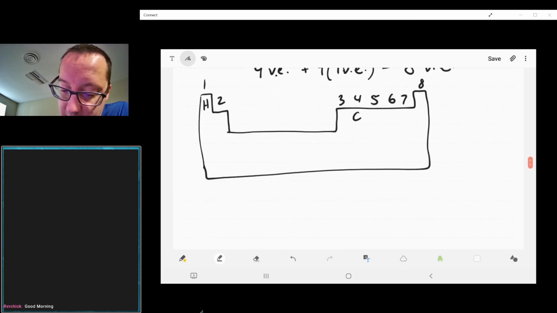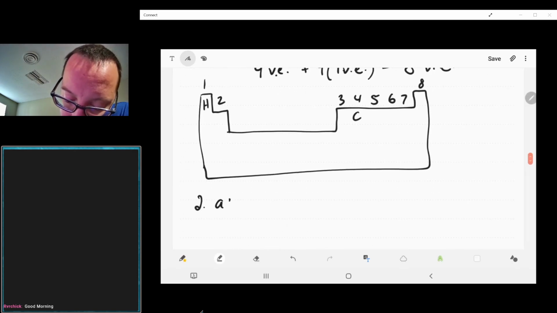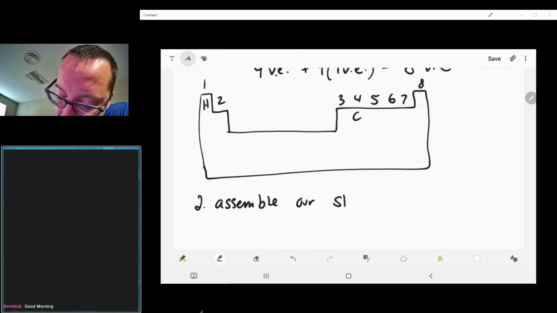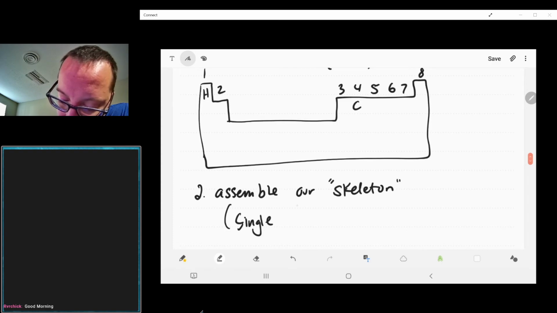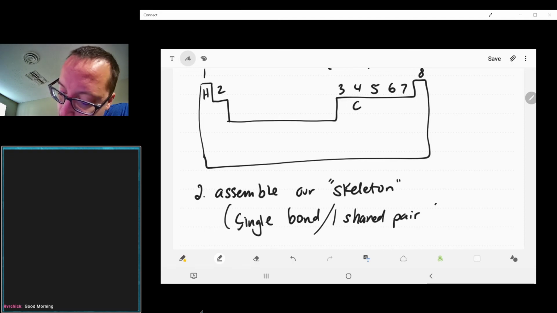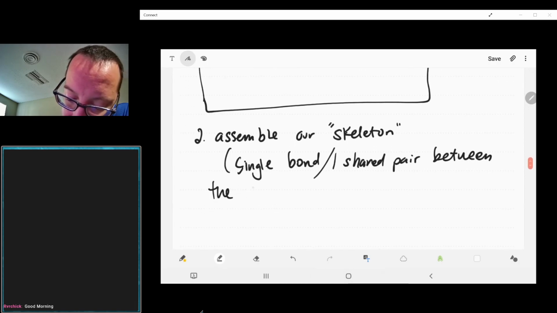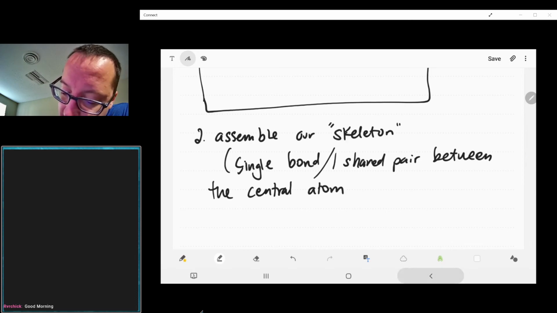Cool. So the second step now is we want to assemble our skeleton. What this means is we have a single bond, or one shared pair, between the central atom and each outer atom.